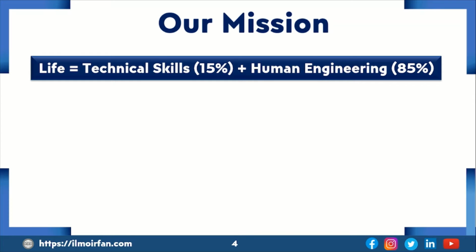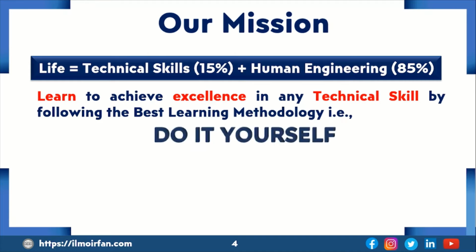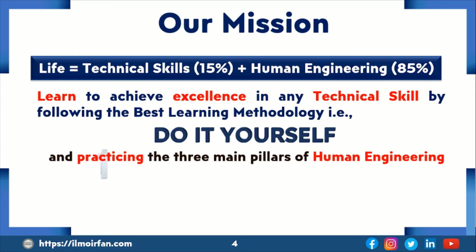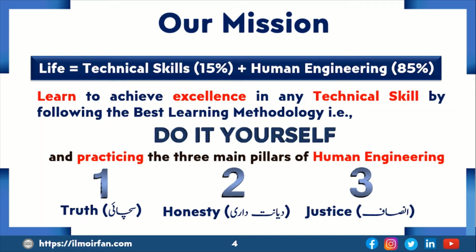Therefore, at Irfan Institute, our aim is to achieve excellence in any technical skill by following the best learning methodology, that is, do it yourself, and practicing the three main pillars of human engineering, that are truth, honesty, and justice. To achieve excellence in both the technical skills and human engineering, Irfan Institute offers a course.